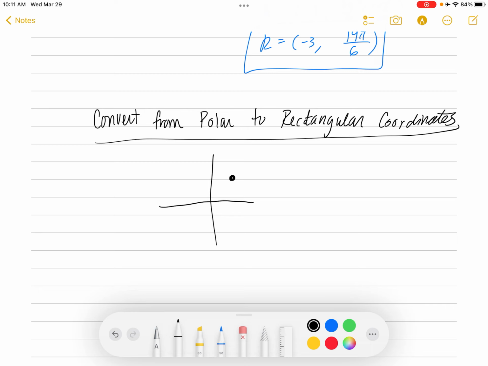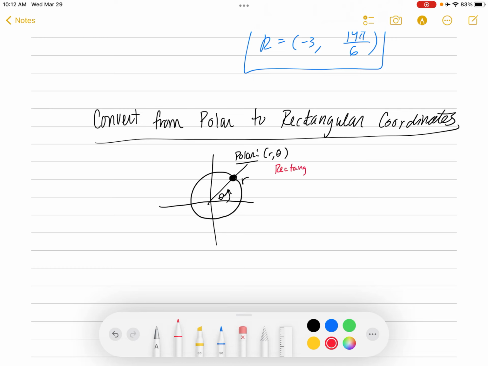So let's imagine here you have a point of the form. The polar form is r comma theta. That means I have a certain angle here of theta, and I'm on a circle of radius r, right?